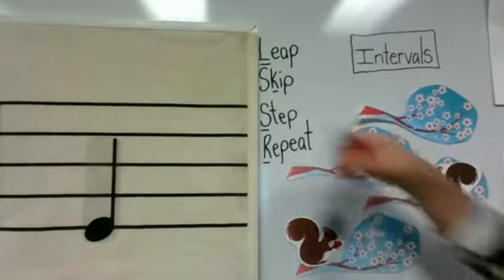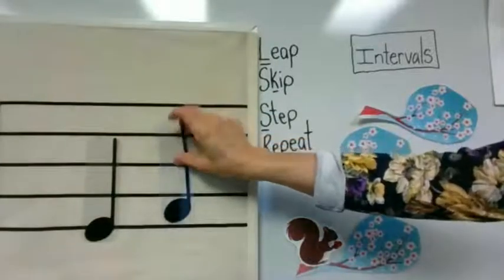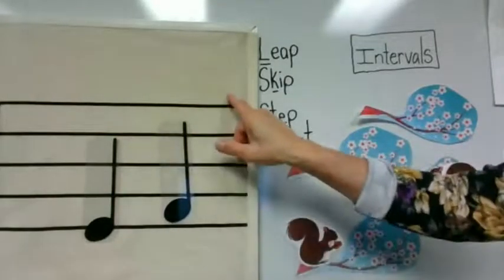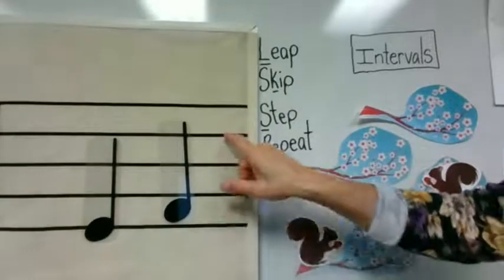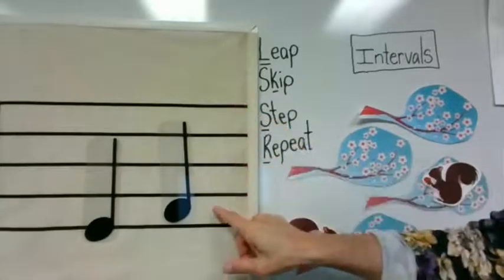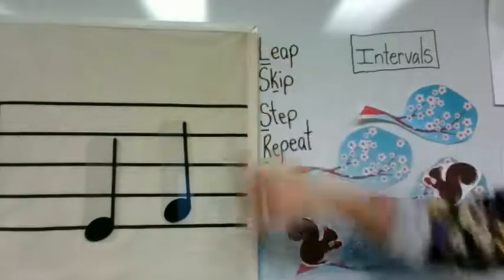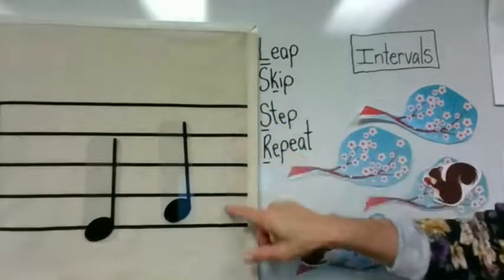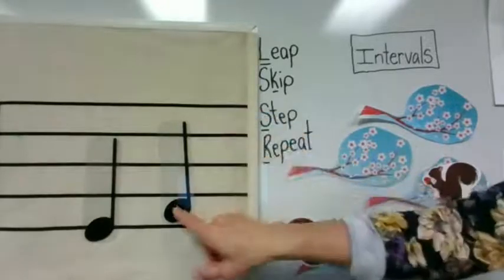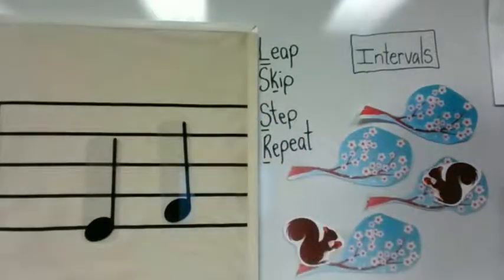And if you said the first space, remember in music, we always count from the bottom up. 1, 2, 3, 4, 5. 1, 2, 3, 4. So you said space 1, you are correct.